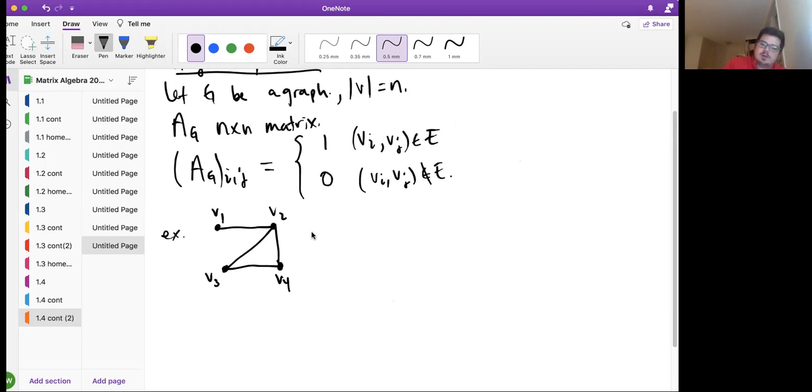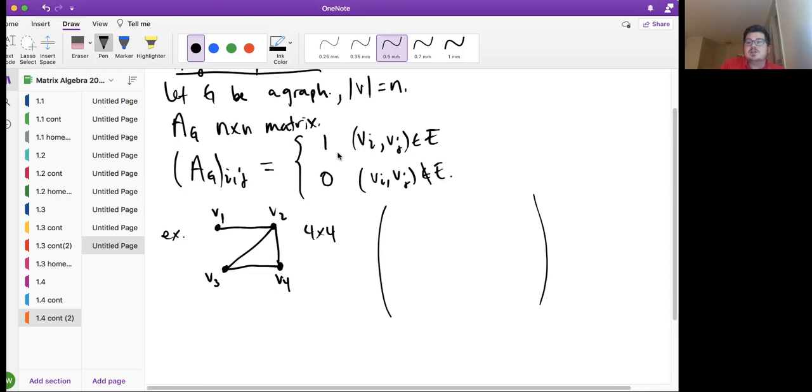Yeah, it's 4 by 4. So now let's look at the edges. Is V1, V2 in the edge set? Yes, so that means that 1 is in the position 1, 2. Is V1, V3 in the edge set? No. Is V1, V4 in the edge set? No. Is V1, V1 in the edge set? No.